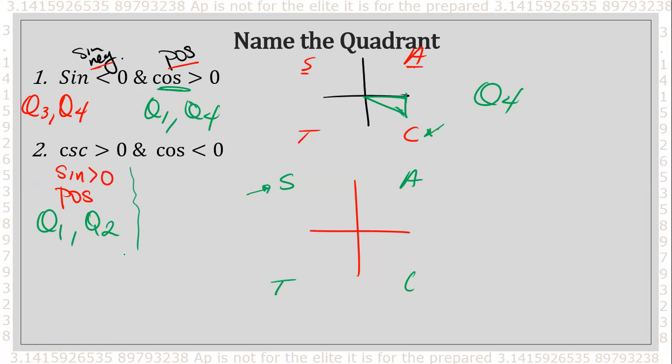I can also see that cosine is negative, right? Less than 0 in everything but A and C. So in quadrant 2, sine is positive, cosine is negative, and in quadrant 3, tangent is positive and everything else is negative. So in this case, my answer should be quadrant 2. So we would draw our triangle here in quadrant 2, something like that.